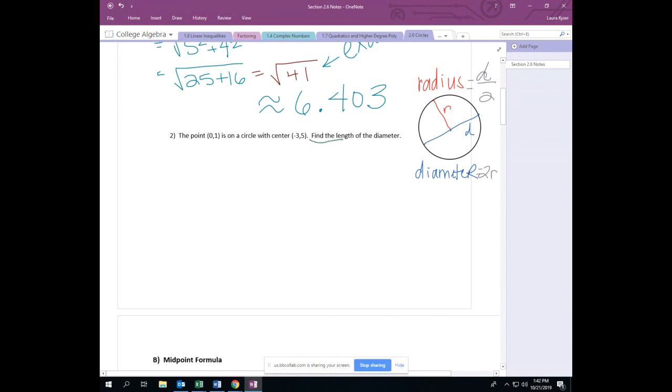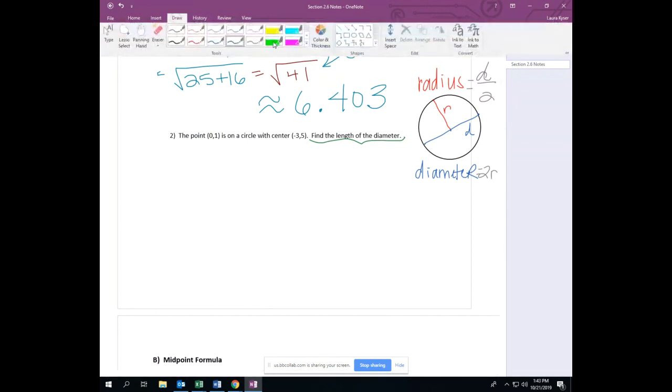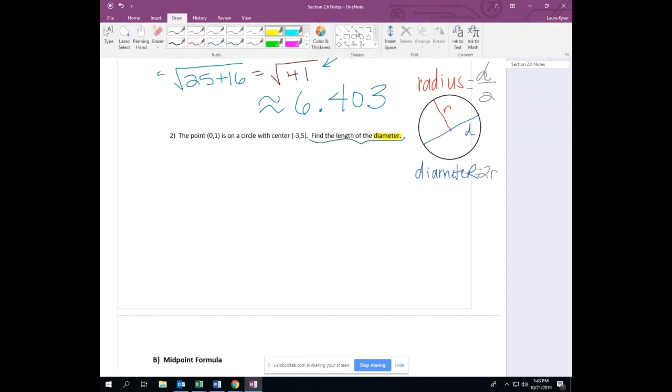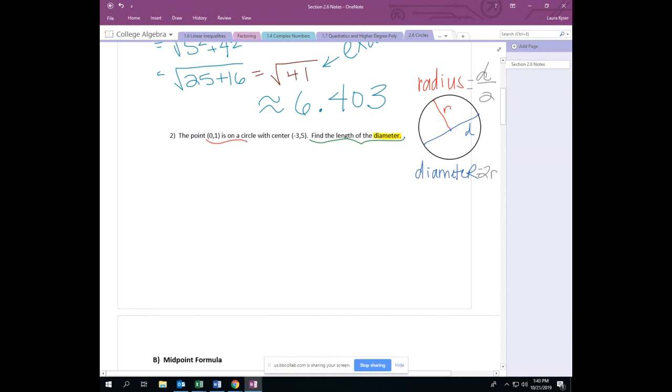However, they're asking for the length of the diameter. So we are not just going to be able to use the distance formula here and be done with it. If we want the diameter and we don't have the information, we're going to have to use one of these little formulas.